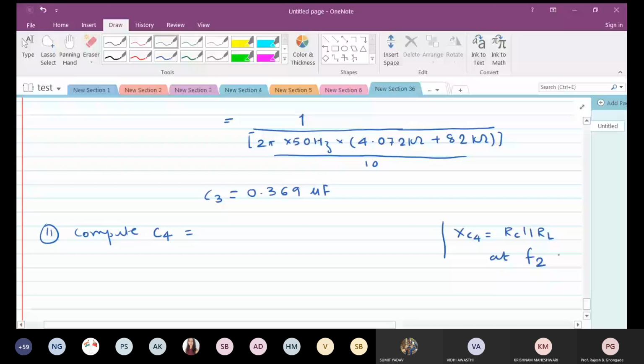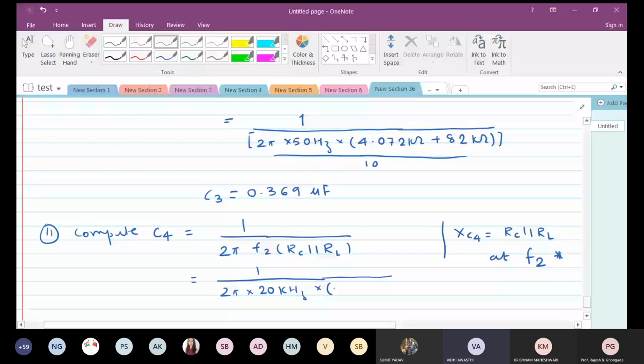So what I get is 1 upon 2 pi F2 into RC parallel RL. That gives me 1 upon 2 pi into, what was F2? 20 kilohertz into what is RC? RC is 4.072 kilo ohms parallel with 82 kilo ohms. Yes, work this out.